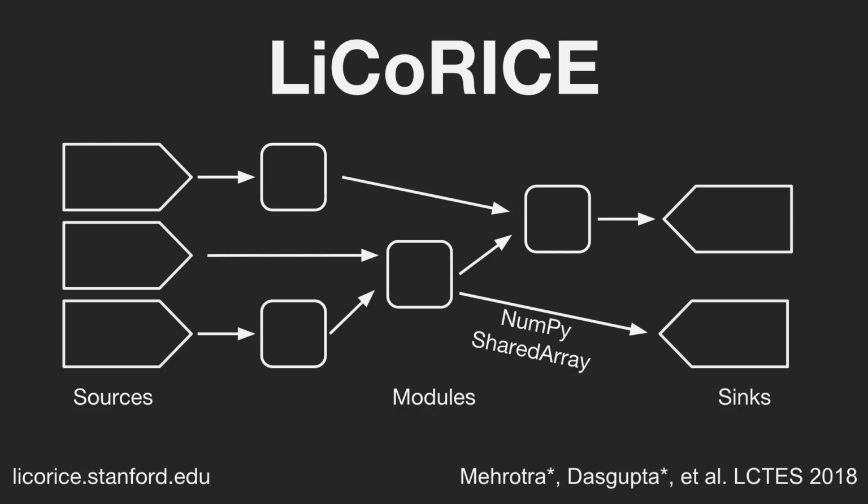Sources and sinks only need to be written once for a given peripheral and can be reused for all models. To create a working LiCoRICE model, users will typically only have to write the module code and then wire signals between entities. LiCoRICE transparently handles all the messy details of compiling the code to binary executables, execution timing, and signal data flow.